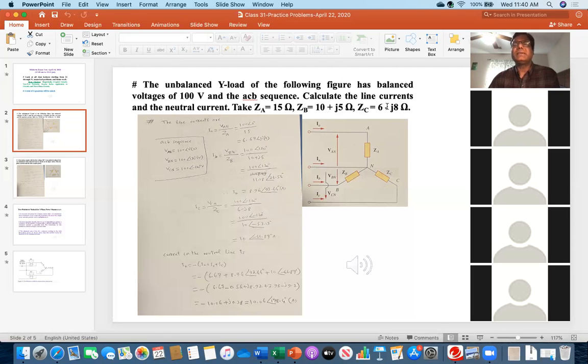Now, the other question is, what is the neutral current? If you all see the diagram, the neutral current is entering into point A. Therefore, according to Kirchhoff's current law, KCL, you know that IN plus IA plus IB plus IC equals 0. That's why you see I have written for my calculation the current in the neutral line is IN equals minus, in parentheses, IA plus IB plus IC.